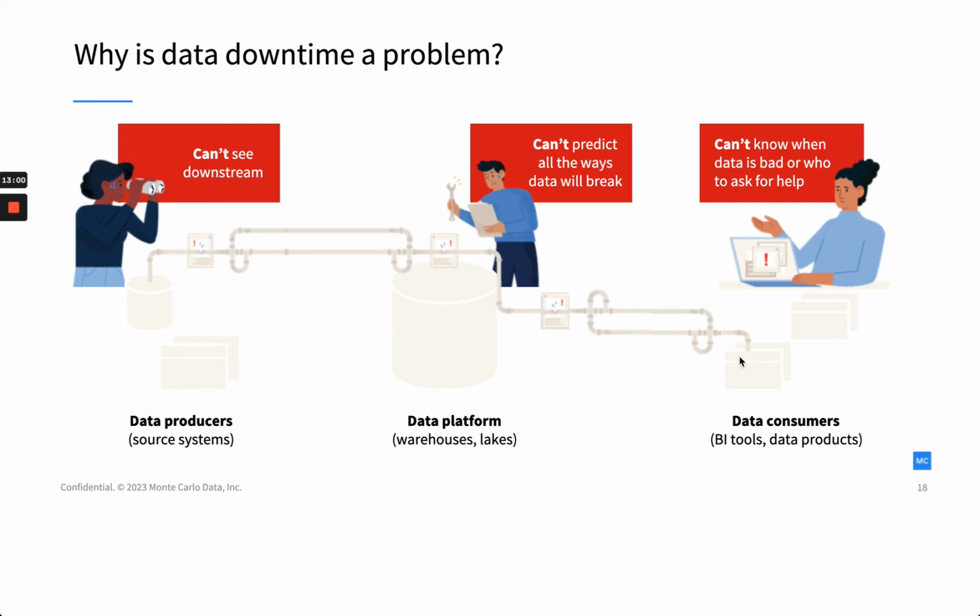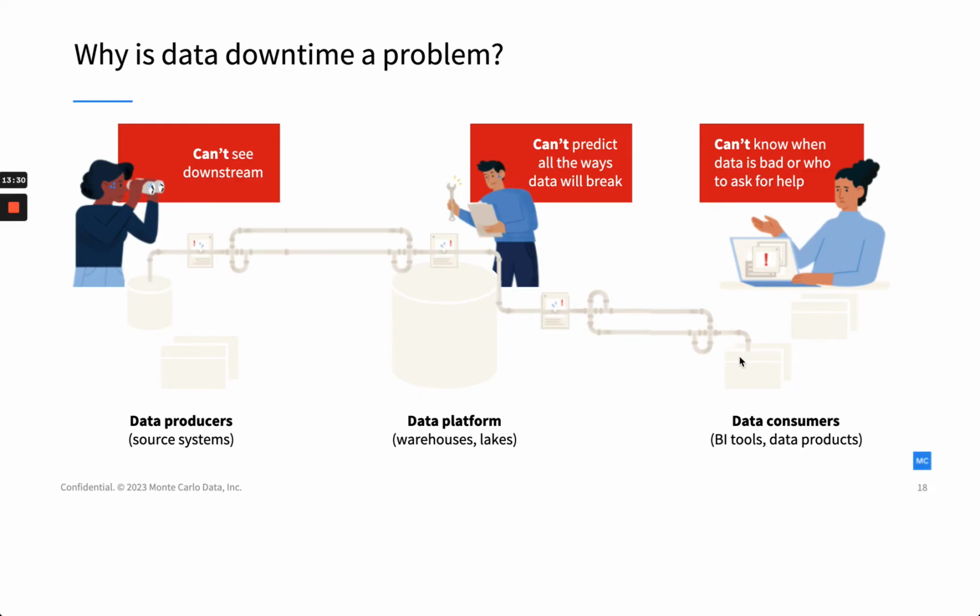Next, if you go down the pipeline, the data platform engineers who are in the middle, they can't predict all of the ways that data can break. And so while they're fixing the pipelines and trying to understand what's going on, taking the data that's powered by the producers, which are often software engineers, or it could be third-party data sources, they don't know all the ways data can break because they don't have visibility into what's going on in the back end.